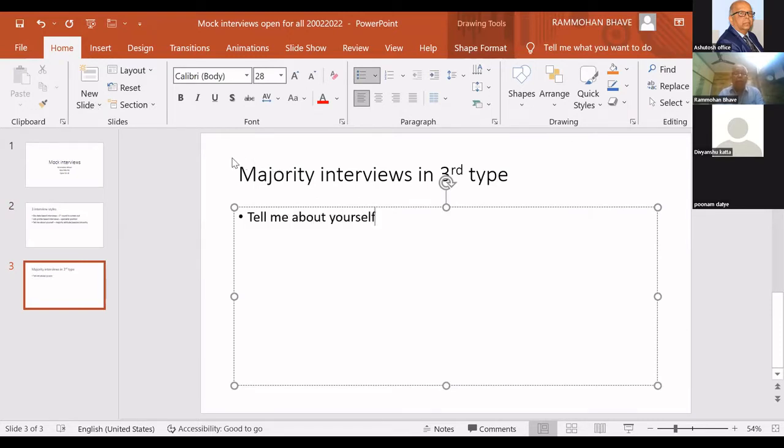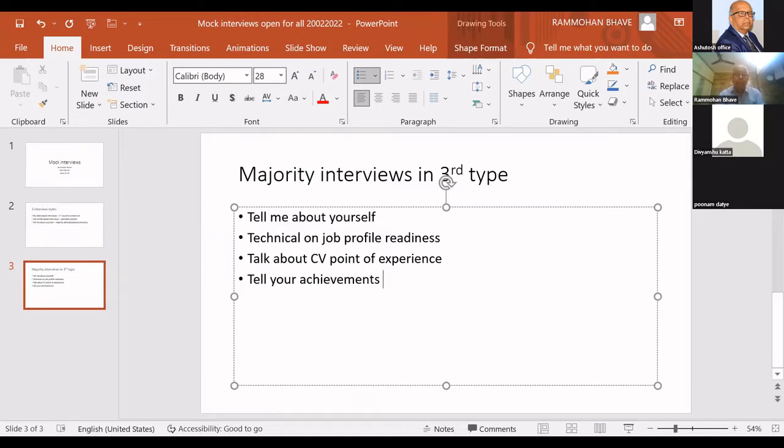Now the idea is, therefore, he keeps it vague. Whether you want to talk technical on your job profile readiness, or you want to talk about your CV, CV points of experience, or whether you want to tell your achievements and strengths, or you want to say something which is a mixture of all these varieties.